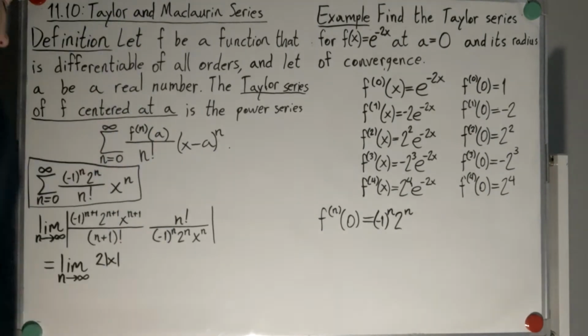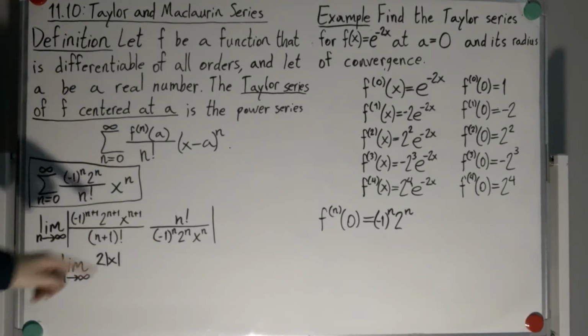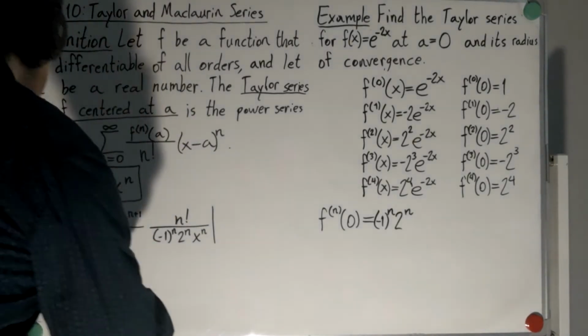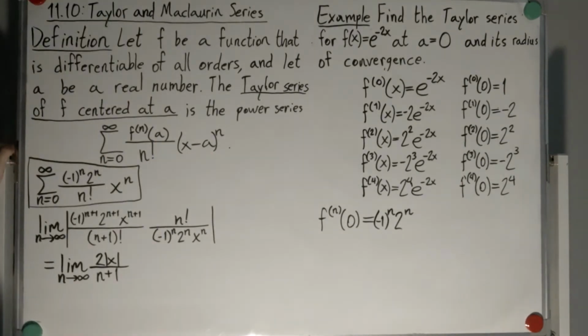And the absolute value is certainly going to matter for x because it could be negative. And then n factorial divided by (n+1) factorial is just 1 over n+1, so we just have an n+1 on the bottom here.